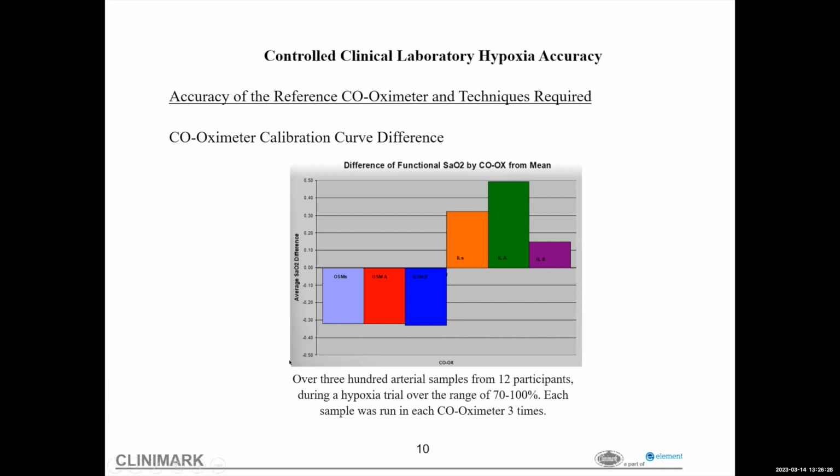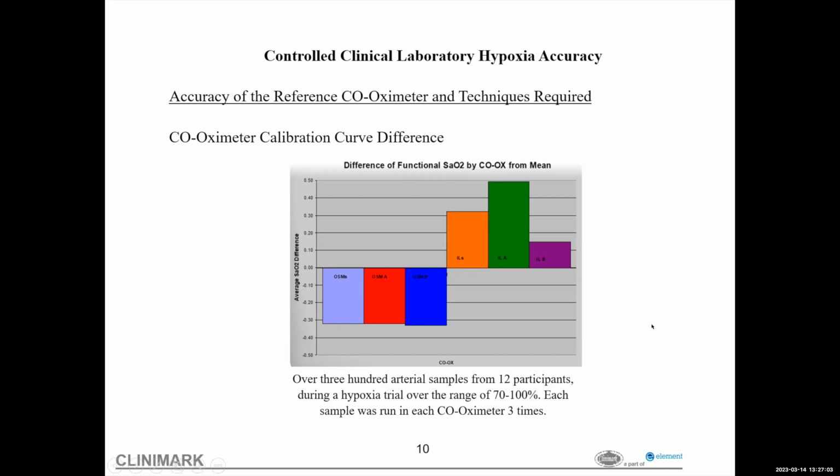And we ran multiple samples, each one in every co-oximeter 3 times, over a range of 70 to 100%. And what we found was that if you average the IL, which is more noisy, by the way, than the Radiometers, that's about 0.2% for Radiometers down to minus 0.3%. So it's a 0.5% difference between the two primary devices.